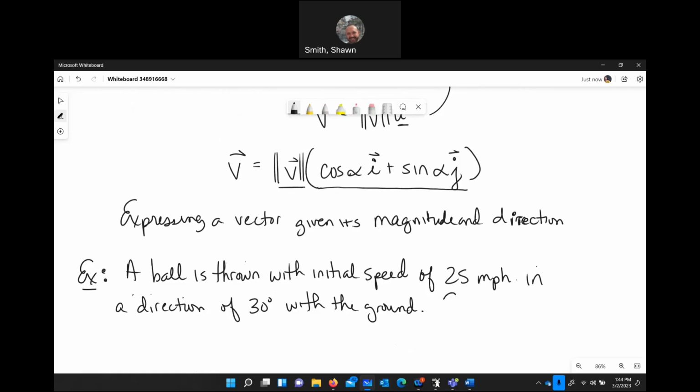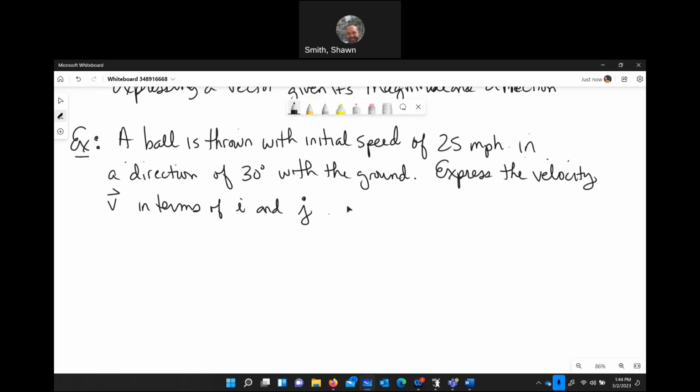Express the velocity, let's call it V, in terms of i and j. You can draw a picture if you wish, this doesn't matter. 30 degrees.